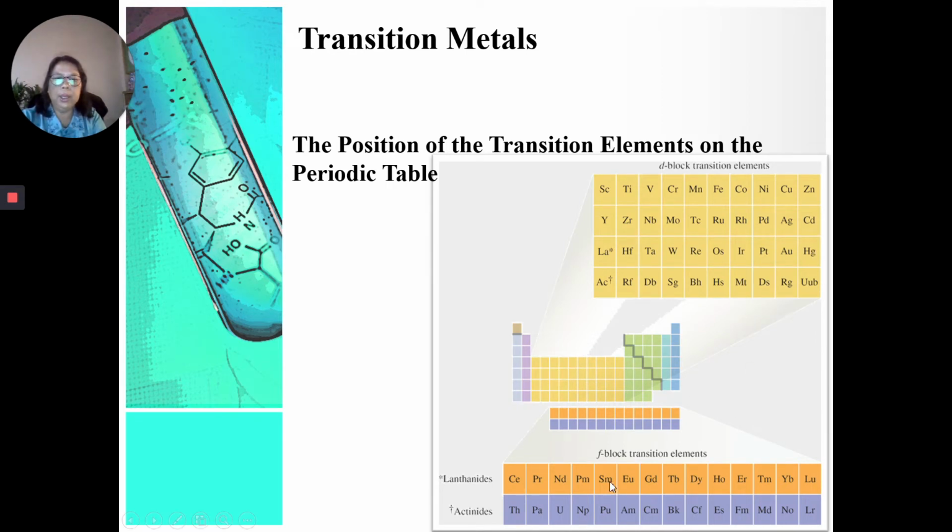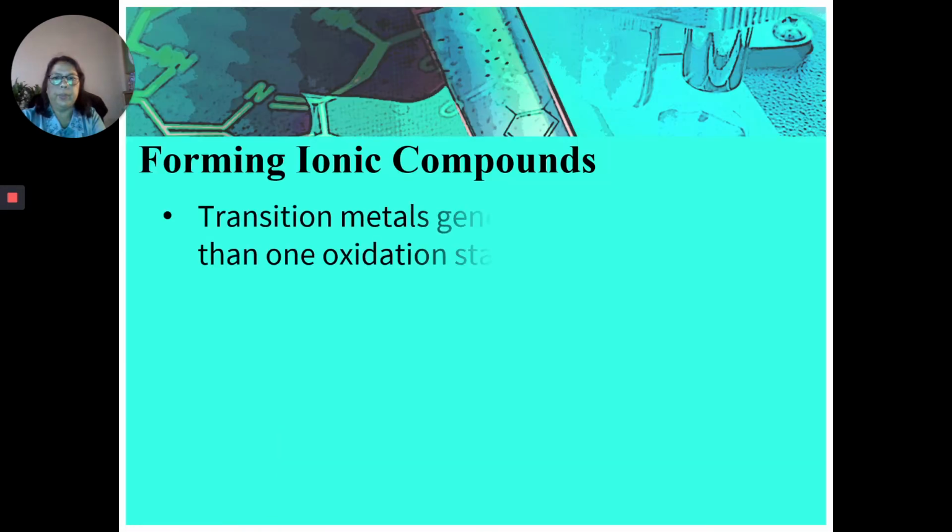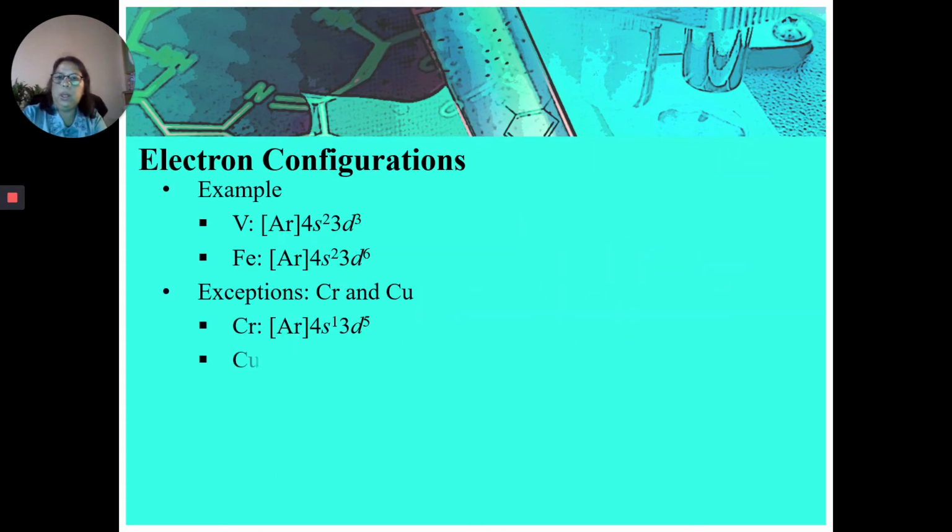You can see here the lanthanides and you can see here the actinides. These are the different elements found in the lanthanide series and these are the actinide series. So scandium has chemical properties that are the same as these kinds of elements. So that is your scandium.